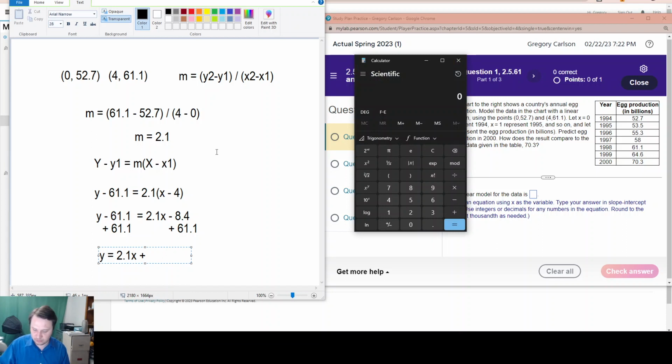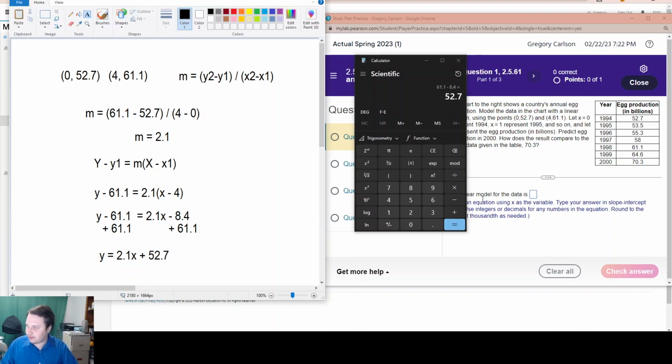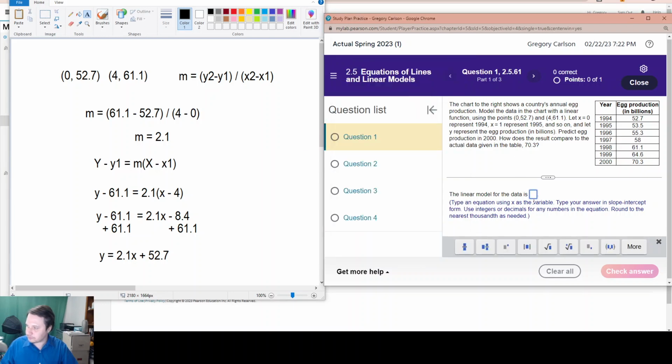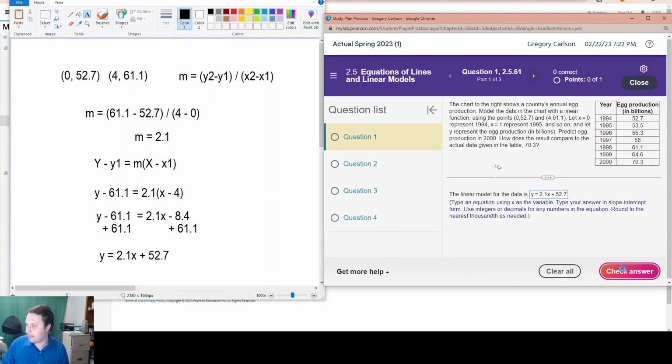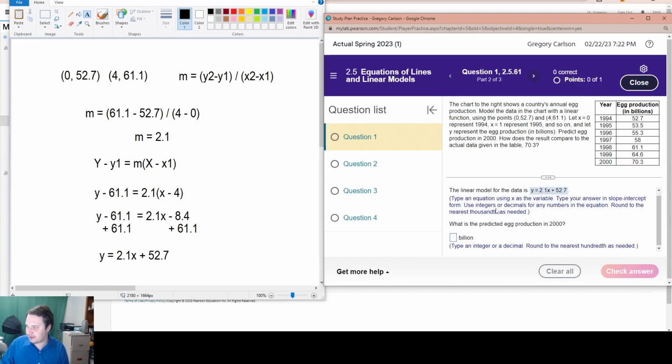So this calculation will be 61.1 minus 8.4, so we get 52.7. And hopefully that's the answer. Y equals 2.1x plus 52.7. Fantastic. So that's how you get the equation. I just used these two formulas, which you should write down on a cheat sheet. The two formulas being the slope formula and then the point slope formula.